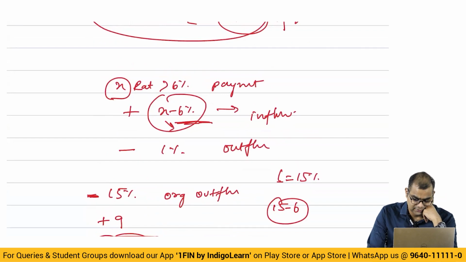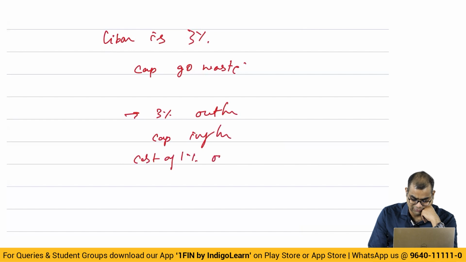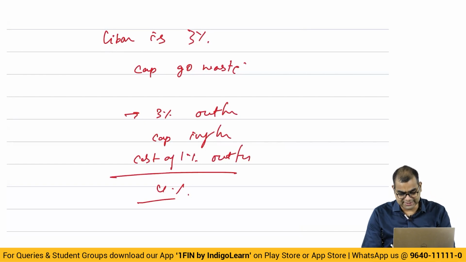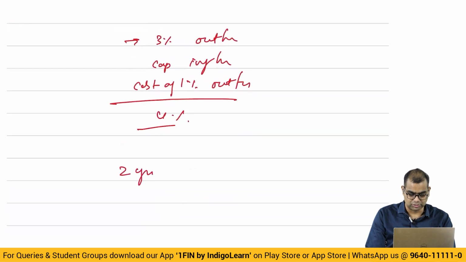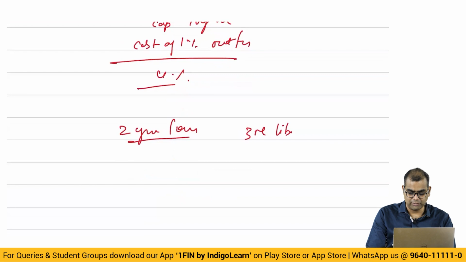So I will pay 3% outflow, from the cap inflow 0, cost of cap 1% outflow. My total cost is 4%. Agreed? So this cap is done for, let's say you have a 2-year loan, 3-month LIBOR. So how many installments?